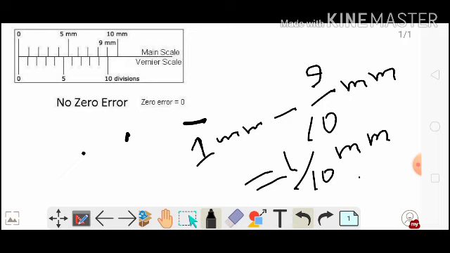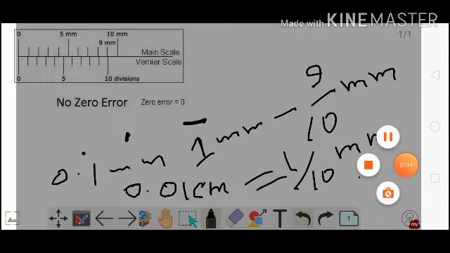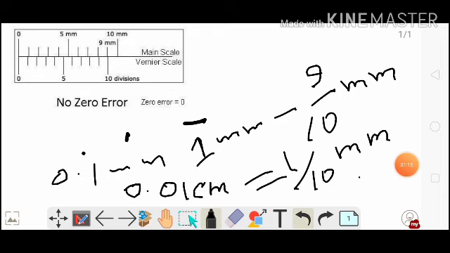That means using this device you can measure the minimum length up to 1 by 10 mm, that is equal to 0.1 mm. In centimeters, that will be equal to 0.01 centimeter. That is the least count of this device, the vernier calipers. This 1 by 10 mm is the gap between the minimum division in the vernier scale and the minimum division in the main scale.